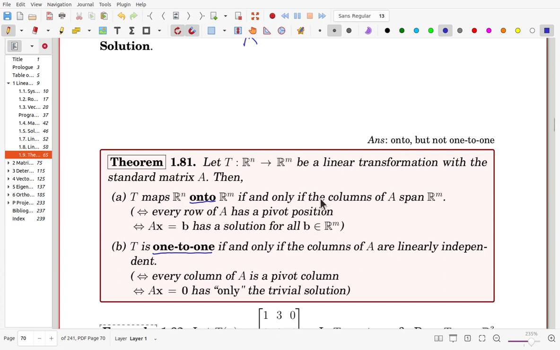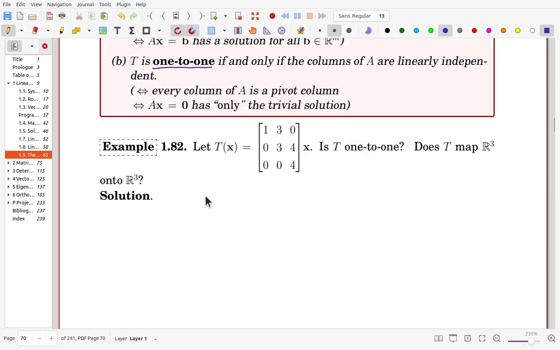Then because they are equivalent to onto, and similarly for one-to-one, you can reach at any of these statements. Then that is the proof of the mapping to be one-to-one. Okay.